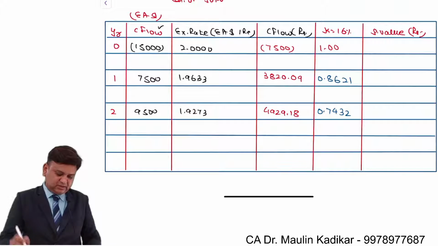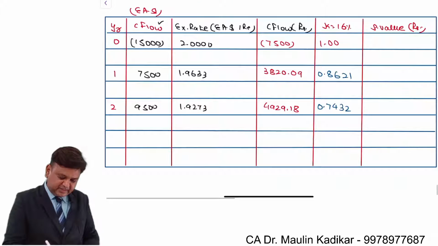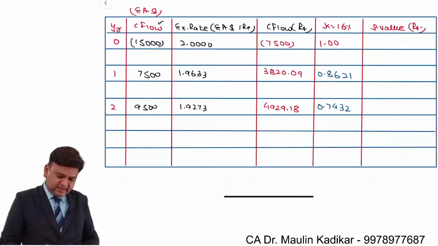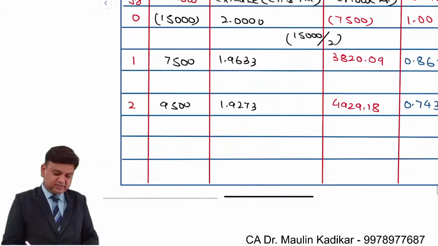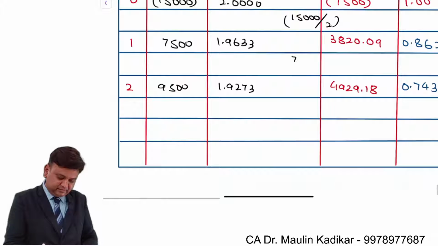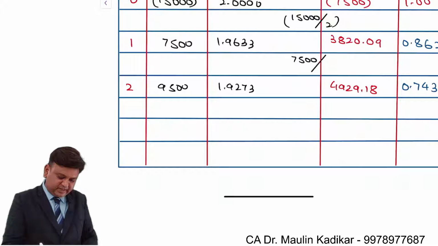So now friends, we are supposed to discount the cash flows. This 7,500 is calculated as 15,000 divided by 2. The next year it is 7,500 divided by 1.9633.